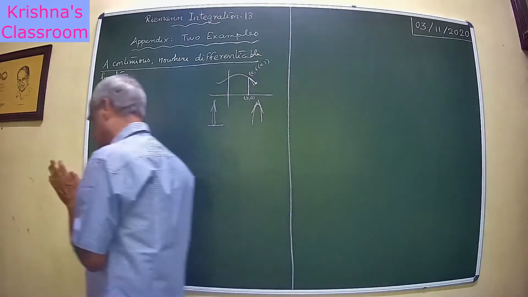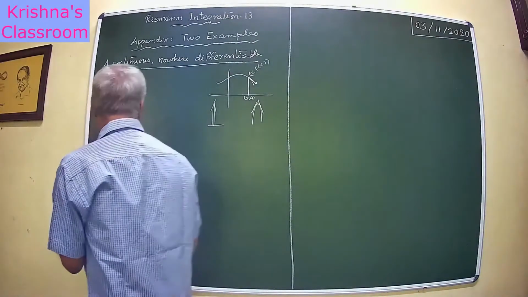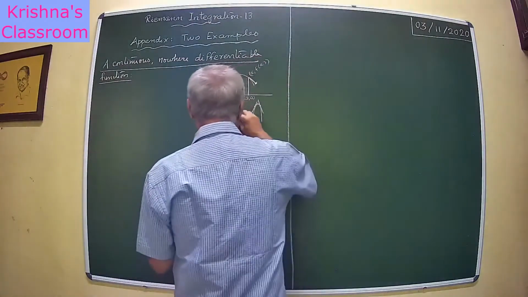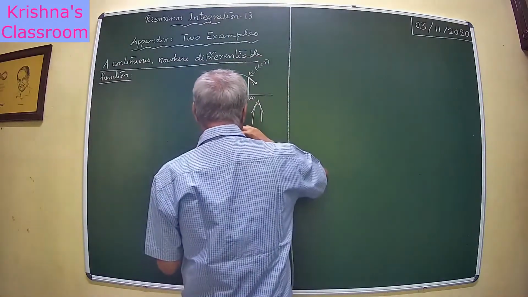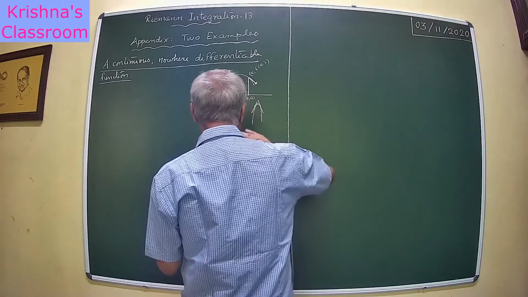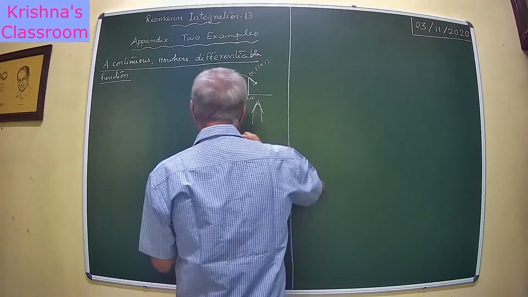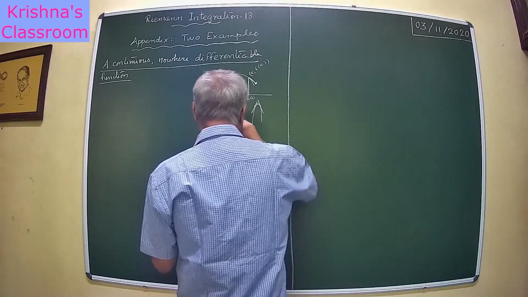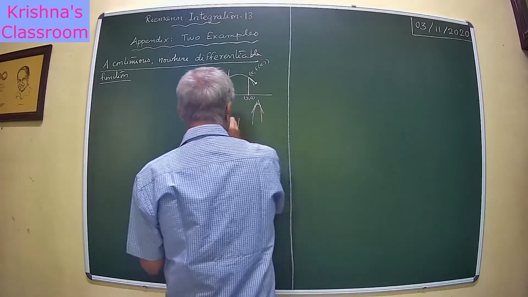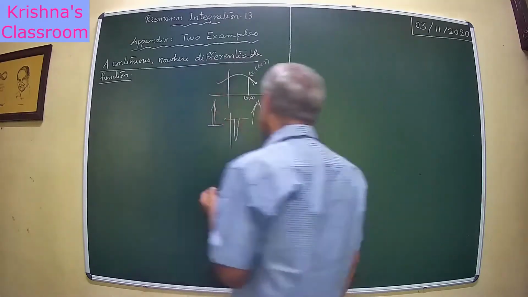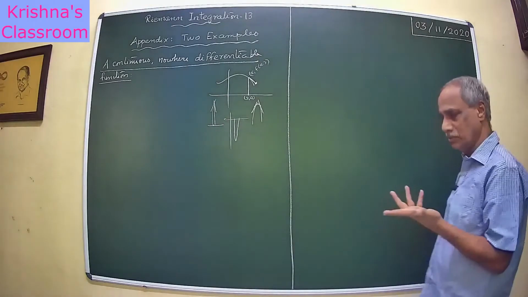If you have a peak like this, then it will be going from minus infinity to plus infinity rapidly. So these are the two types.